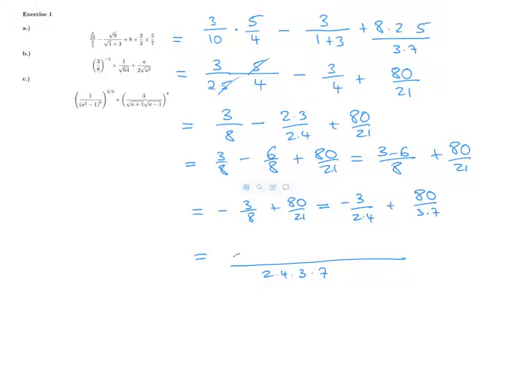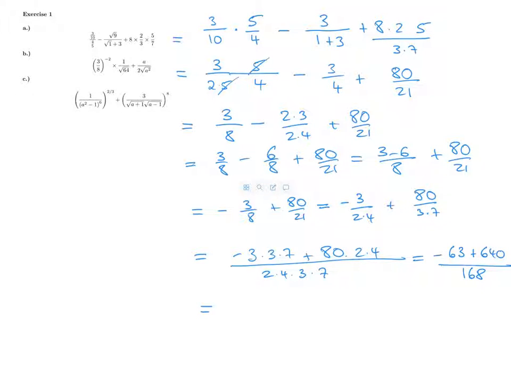So I write down minus 3 times 7 plus 80 times 2 times 4. And this is then equal to minus 9 times 7 is 63 plus, this is 80 times 8 is 640 divided by 2 times 4 times 3 times 7 is 168, and we are almost there.